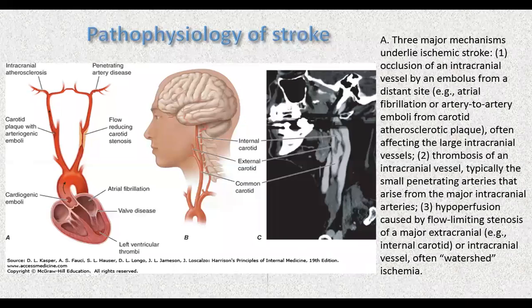If it's a transient one, it means the blood clot is lodged, blocked, and then broken up, and then the blood supply has become reestablished. If it's a full stroke, it means it's blocked and stayed blocked for at least a few minutes, enough time for the neural tissue to start to die.